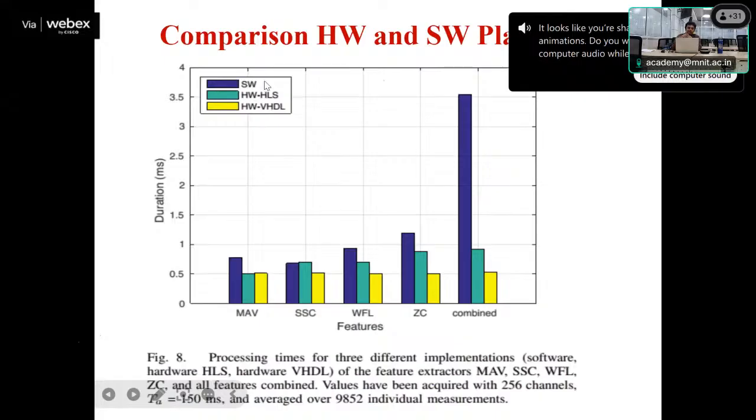If you observe, there is a slightly green color, which is the hardware HLS. Hardware HLS means, instead of a pure software approach, I am implementing on hardware through HLS. That means whatever C code or Python code I have, I convert it into VHDL or Verilog, and then I implement it on an FPGA.